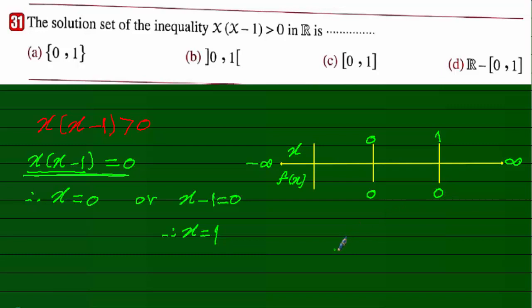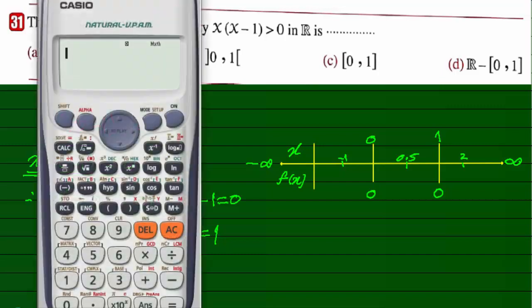And we choose a number that lies between negative infinity and 0, like negative 1, and another number that lies between 0 and 1, like 0.5, and another greater than 1, like 2. And we want to check the signs in these three intervals, so we can use the calculator.